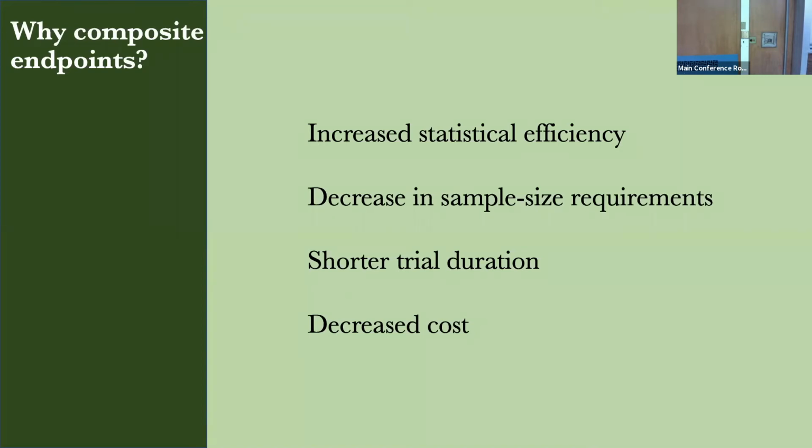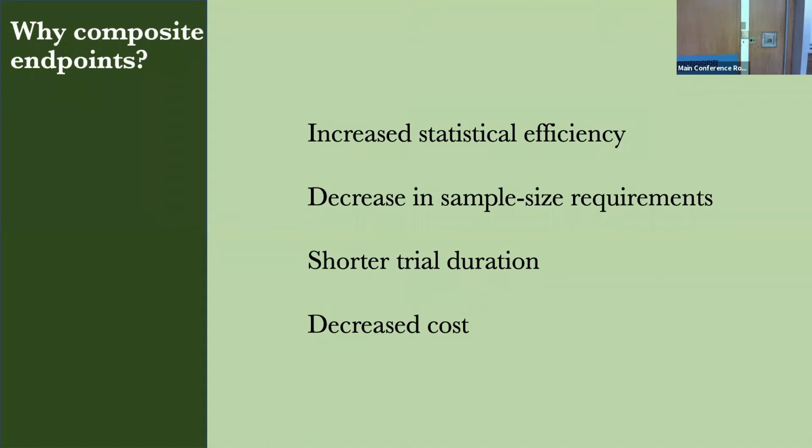Like if you want to do mortality in a cardiology study, you need thousands and thousands of patients to have enough people who reach that endpoint of death to see if there's a difference. So it is not unreasonable to make 2 or 3 outcomes into a composite, as long as they are meaningful.